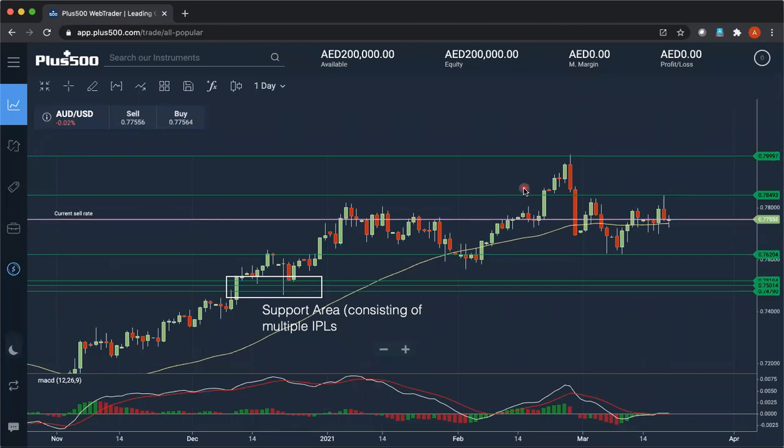In the same chart, because this is daily, let me put some daily order blocks here and we can compare what's happening. This is the last push down, so I'm setting this as a daily order block.